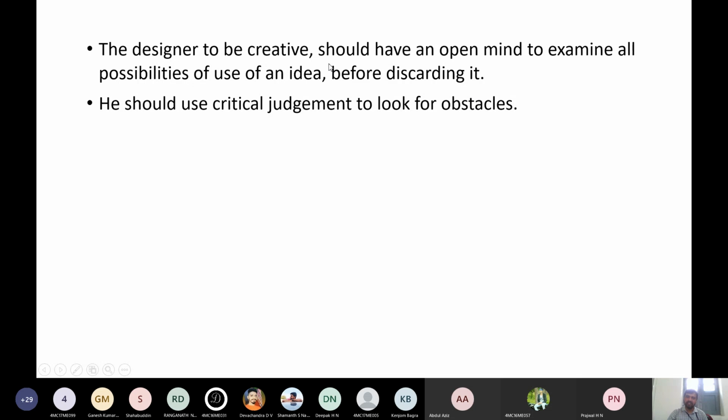So the designer, to be creative, should have an open mind to examine all possibilities of use of an idea before discarding it. Again, if the society is narrow minded, then that will restrict the solutions for a problem, even solutions for ad makers. Now ad makers have to think twice or thrice about the consequences of an ad.